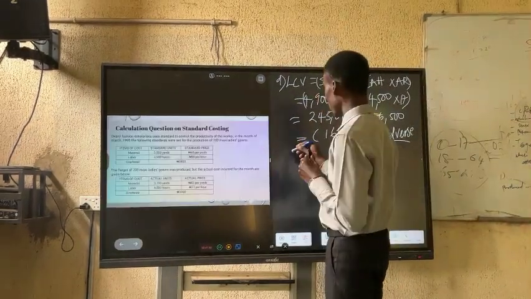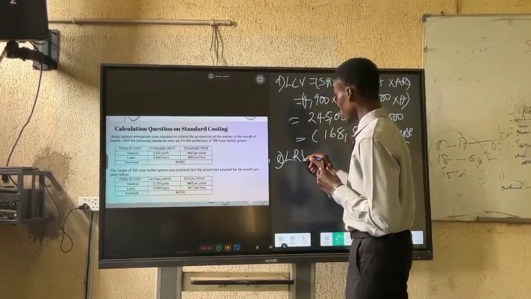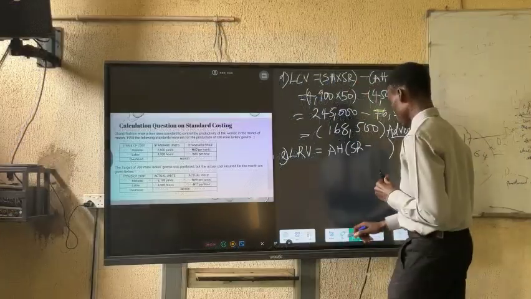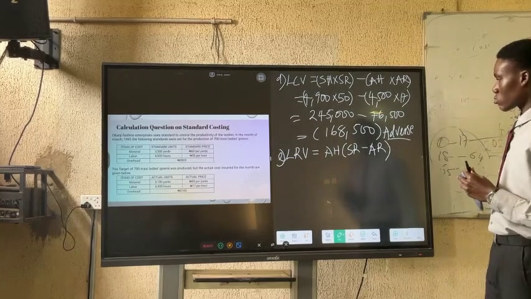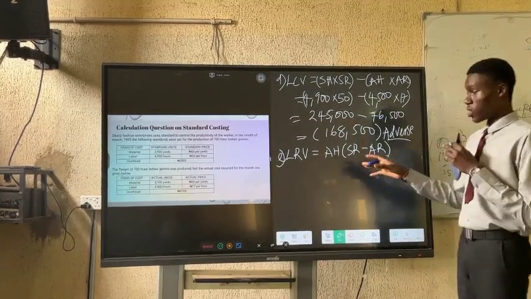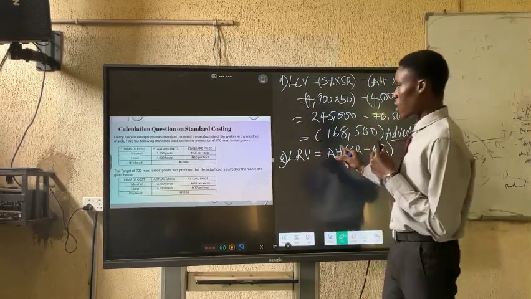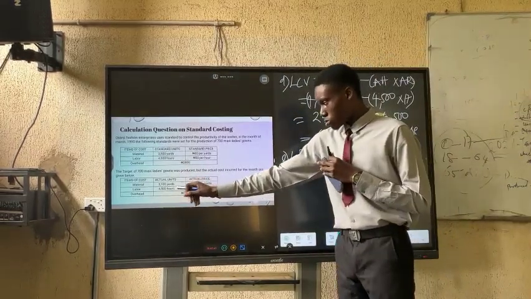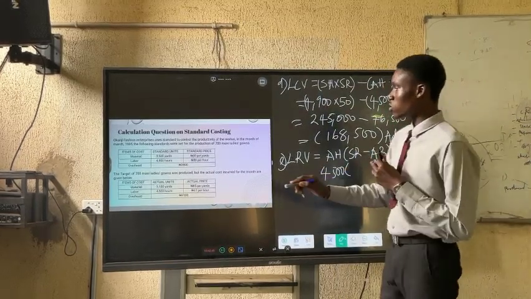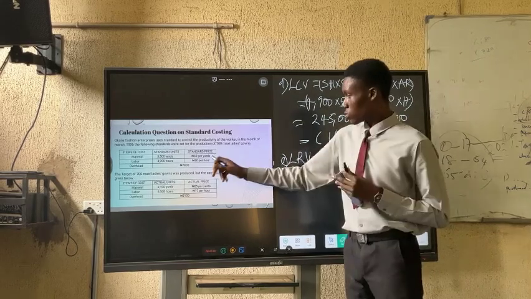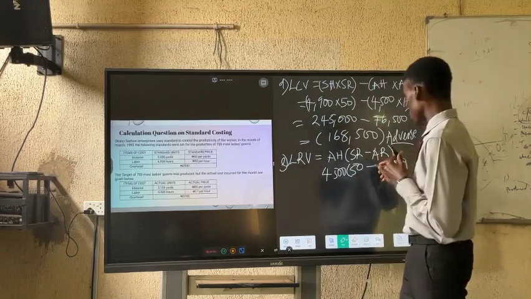The next one is labor rate variance. The formula is our actual hour into bracket our standard rate minus our actual rate. So what are the variables here? Our actual hour is 4,500, our standard rate is 15 naira per hour, and our actual rate is 17.